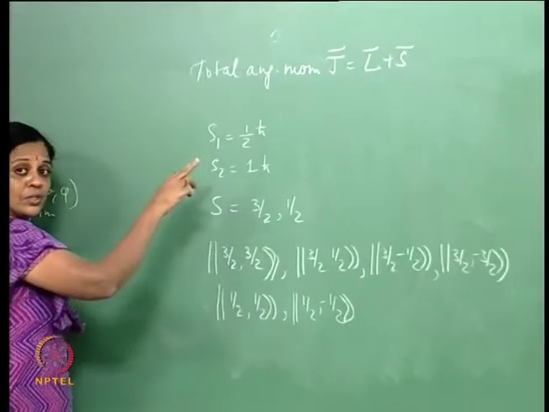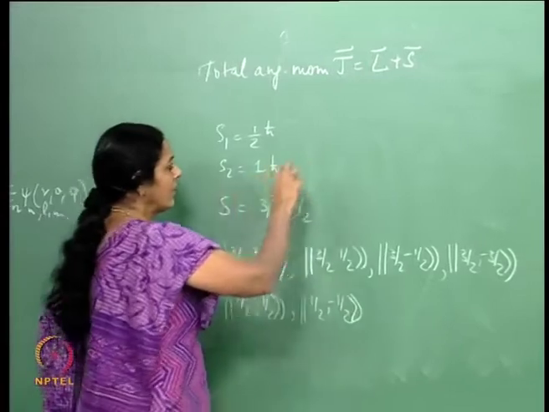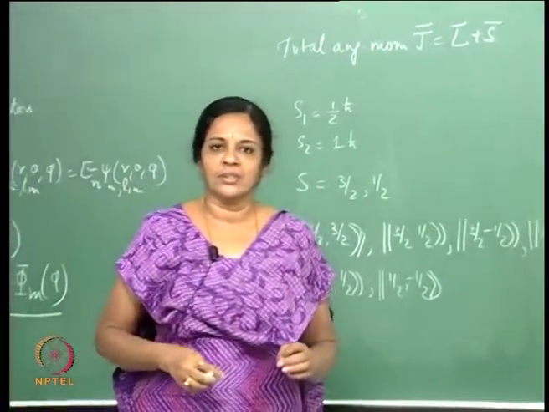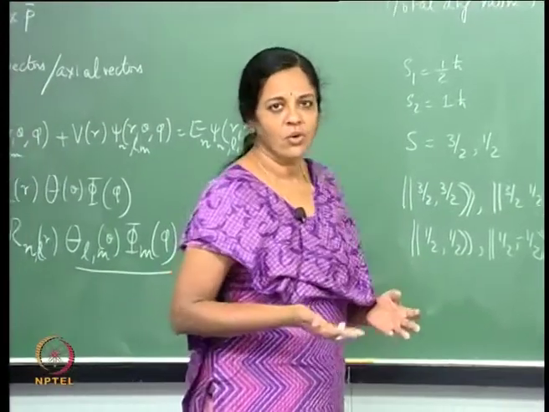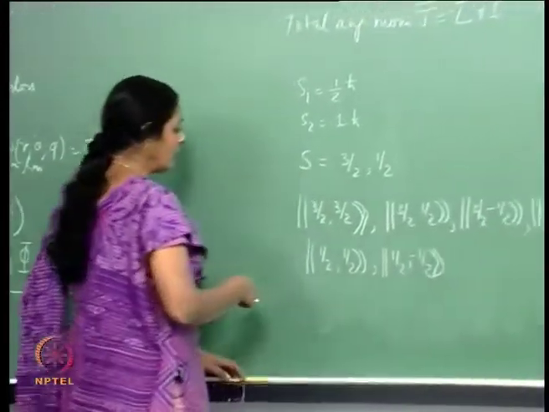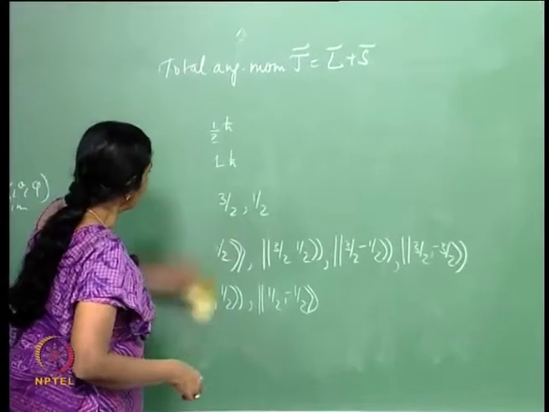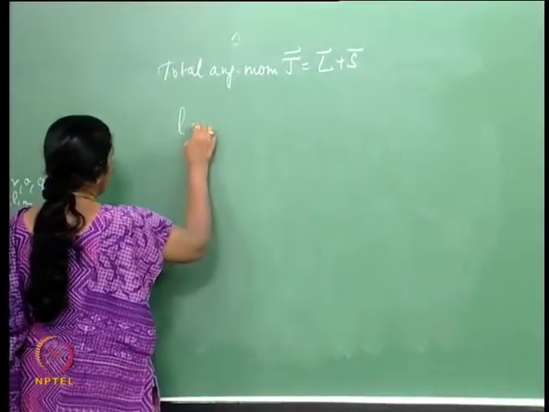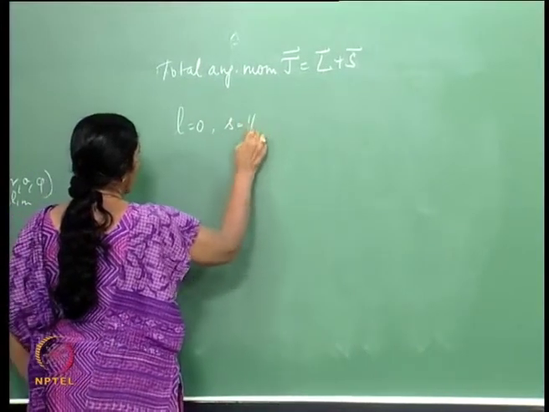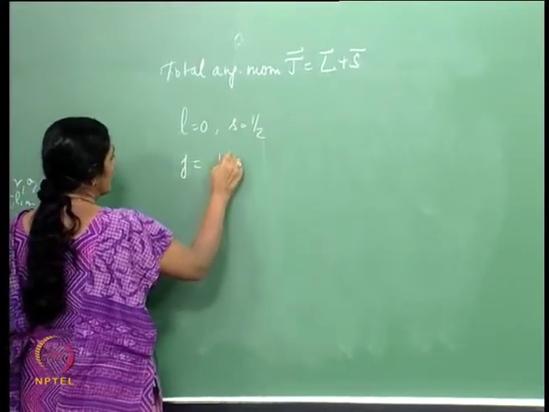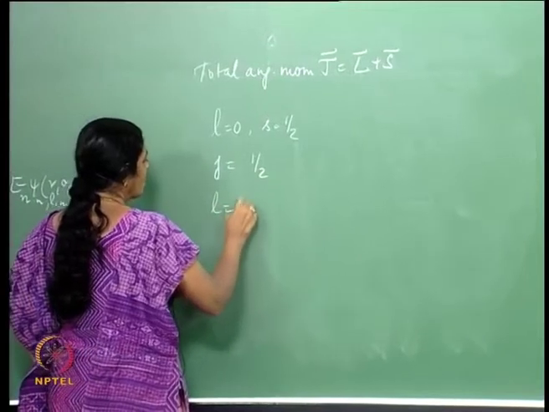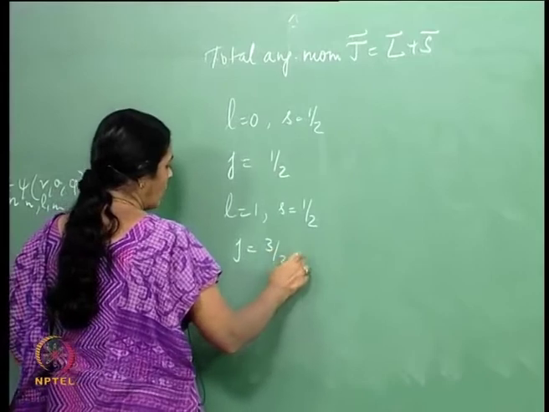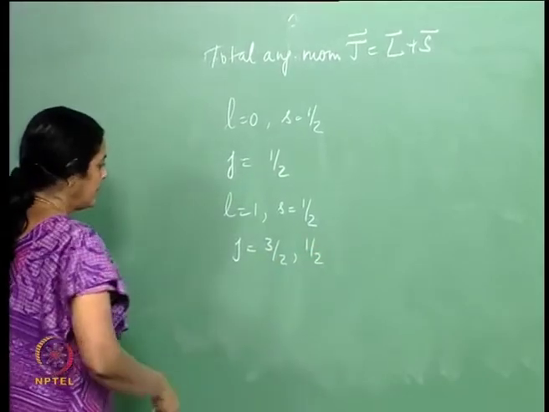The same rules of addition apply here, except that little l, the orbital angular momentum quantum number, can only take 0 or positive integers in units of h cross. So for instance, if we look at an example, l equals 0 and S equals half, J is l plus S, which is half. If l is 1 and S is half, J is 3 by 2 or half, and so on.